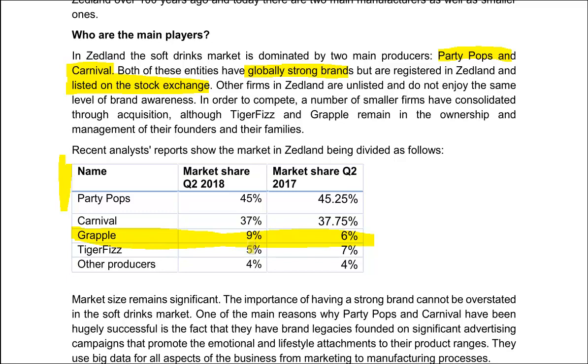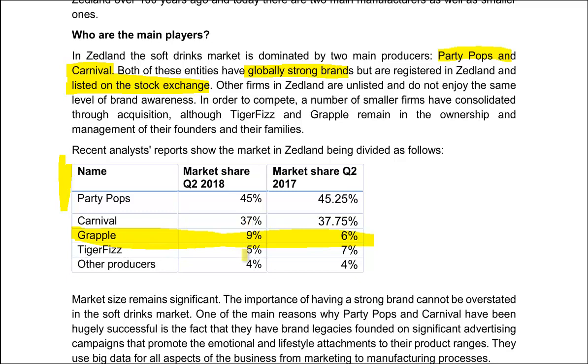Now, 14% versus 9% is quite huge, and in fact it makes them more or less a third of the market share of Party Pops, compared to currently they are around a fifth. 45 versus 9, that's about 20% or a fifth of the market share that Party Pops has.